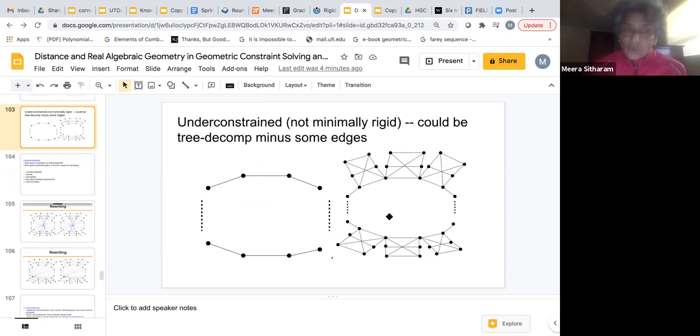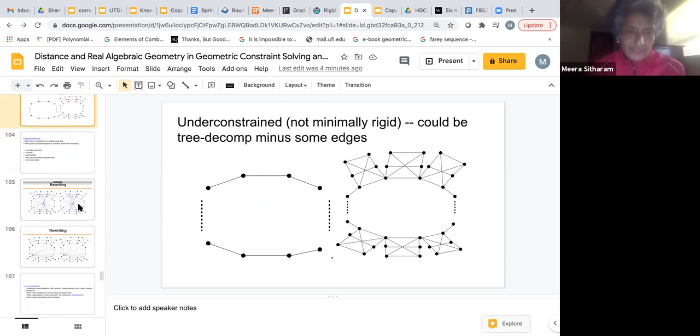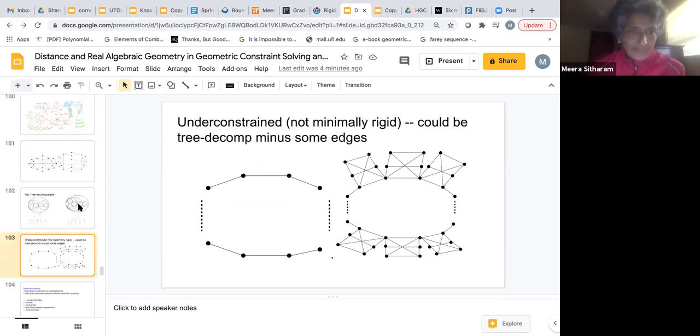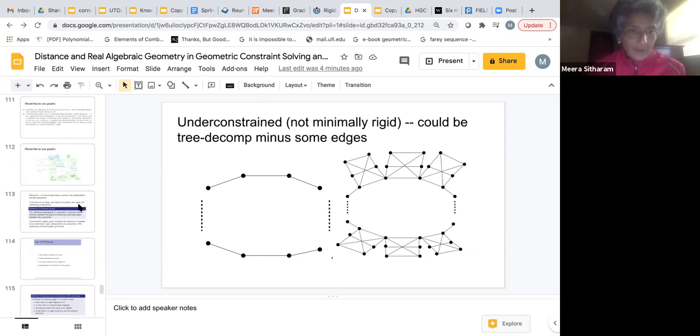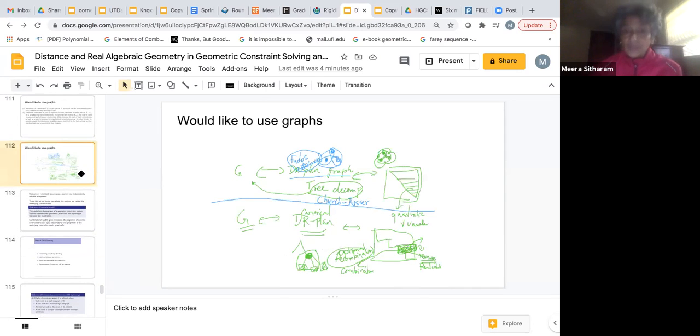So already in that case, to find a DR plan, the goal of the DR plan is to generalize this idea of getting a decomposition towards the goal of finding these nice triangular systems if you generalize the graph. So essentially, you want to be able to generalize the graph in multiple ways. You don't necessarily want to only have minimally rigid graphs.